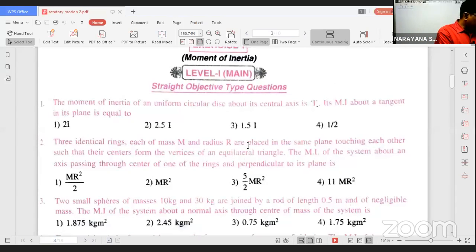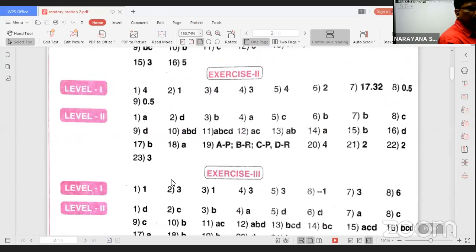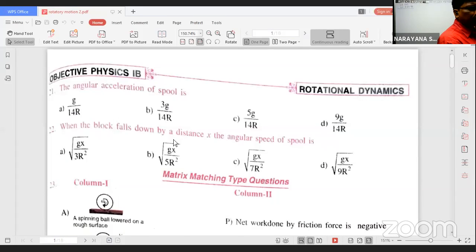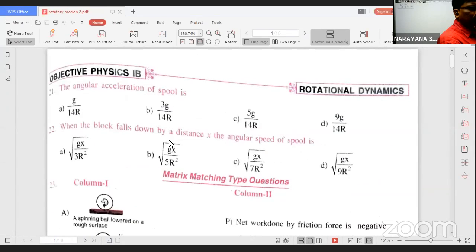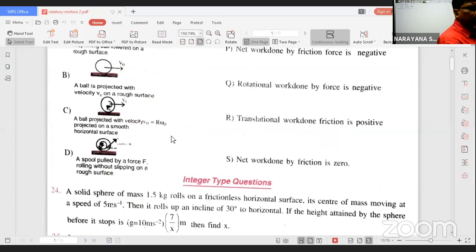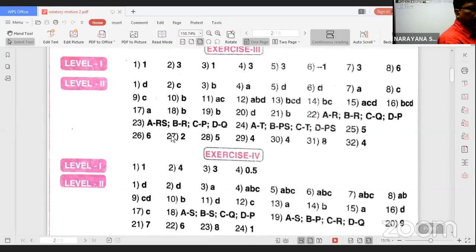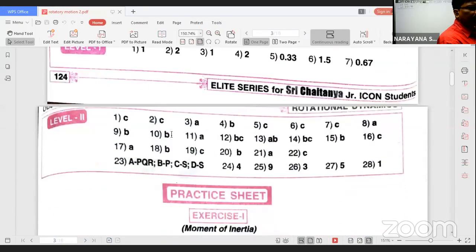Is it page number 98 or not? I think this is in the practice sheet.